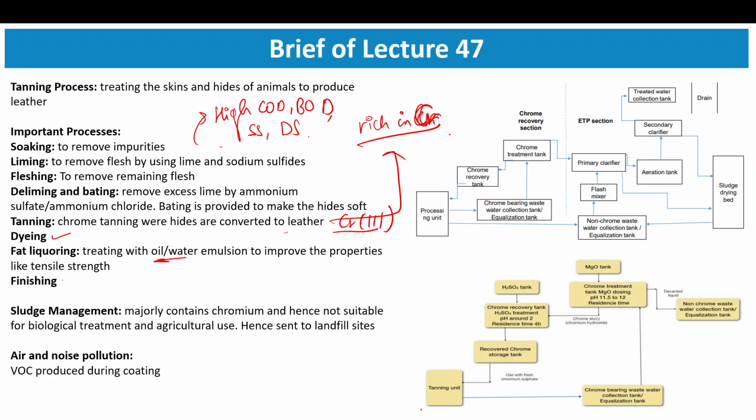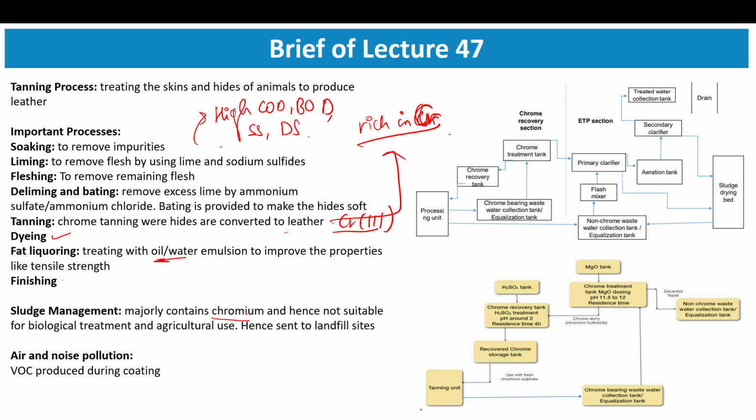So non-chrome wastewater and all the other wastewater streams are sent to an equalization tank, then provided with a primary clarifier, which further goes to the aeration tank and secondary clarifier, and finally the treated water is collected. Now the sludge that is obtained will still have high amounts of chromium remaining. So it majorly contains chromium.